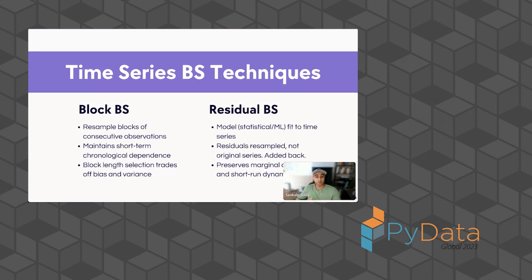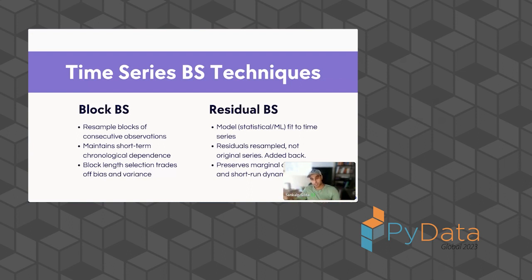Not shown here, but included in the library are Markov bootstrapping and sieve bootstrapping. Markov bootstrapping assumes that the residuals follow a Markov process with limited memory. So you take your original time series data, could be univariate, could be multivariate, you fit a model of your choice. Could be something as simple as ARIMA, could be a really fancy deep learning model.